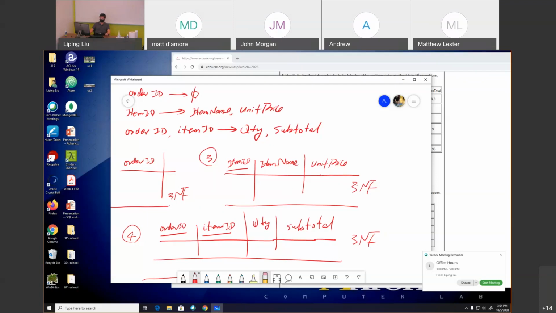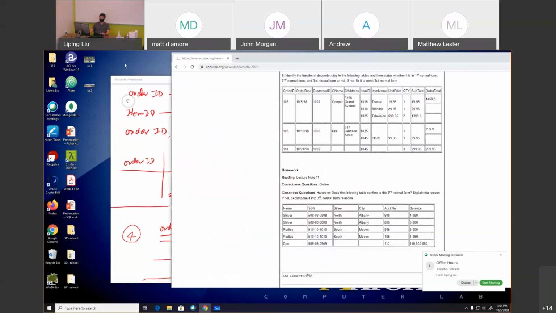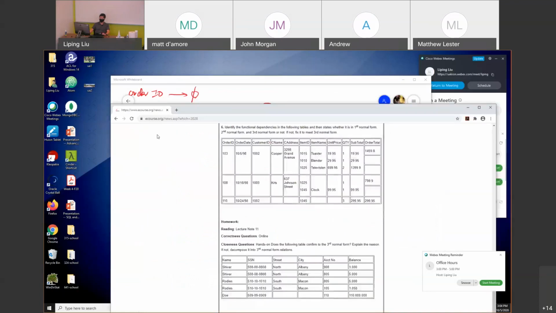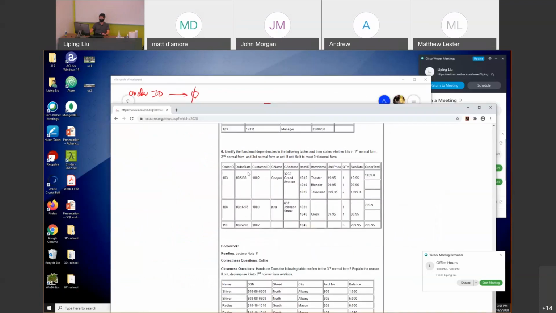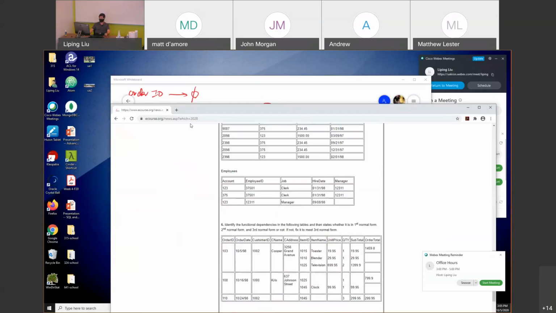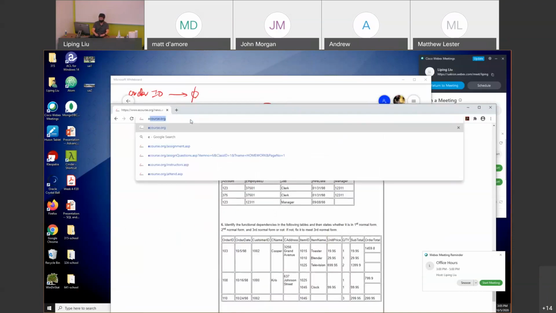So let me just go to the example. This is already here. So this is actually a very good example, number 6. Through one table, you go through 2nd, 3rd, 4th, all normal form violations. Okay.